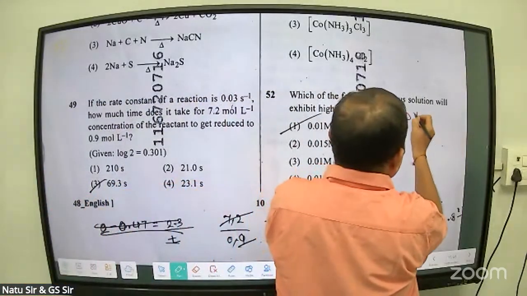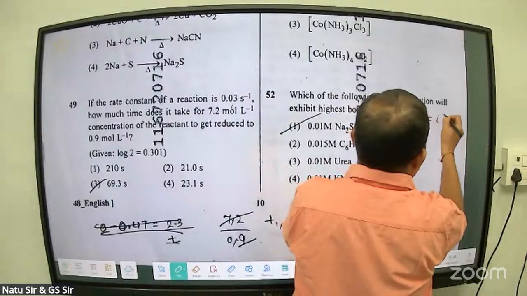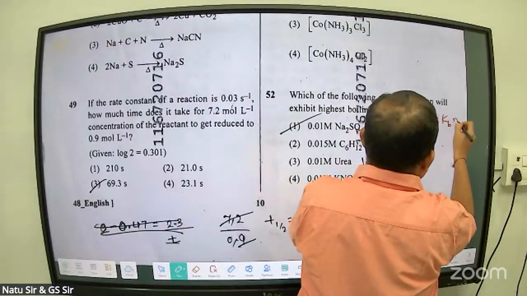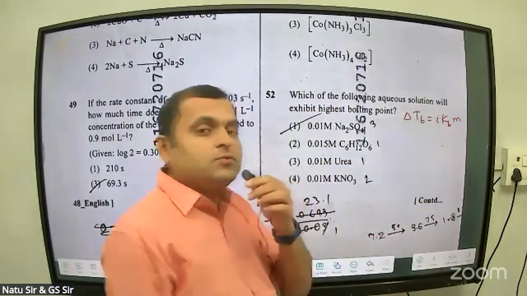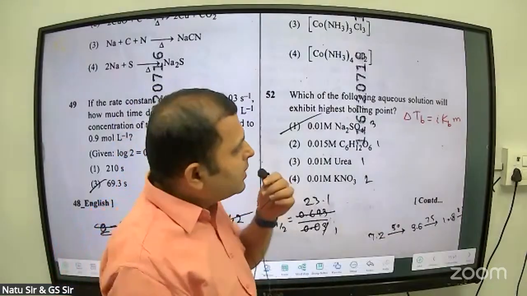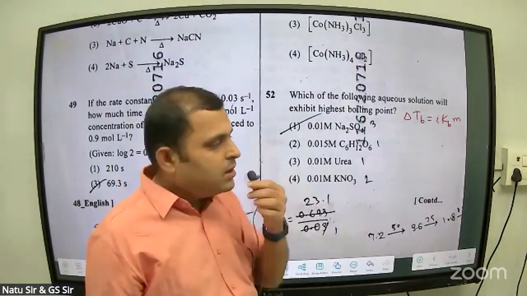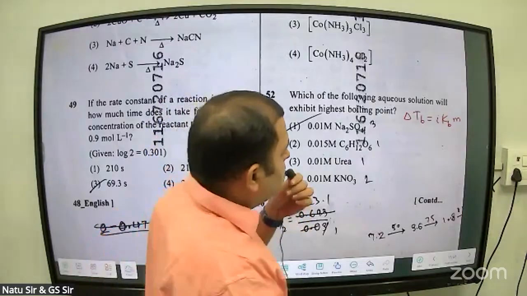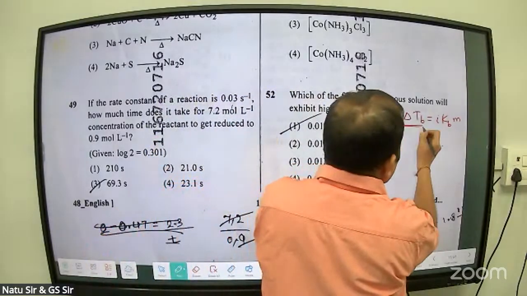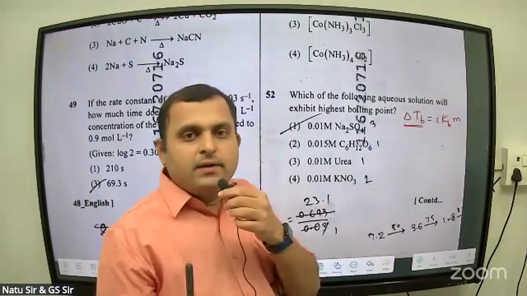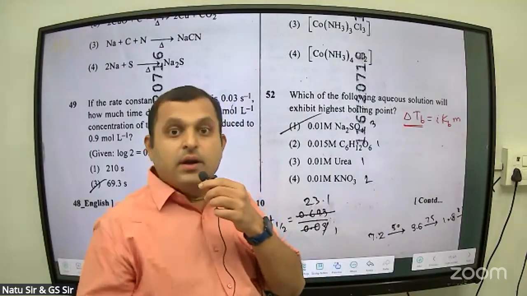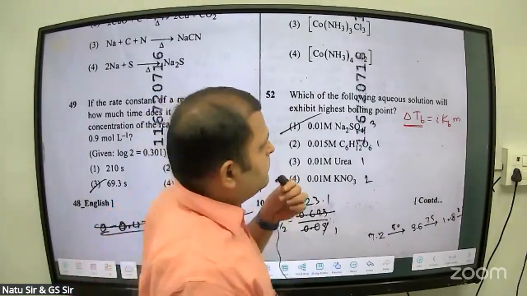ΔTb is equal to i Kb m, where i is the van't Hoff factor, Kb is the ebullioscopic constant, and m is molality. And this is the elevation in boiling point. So greater the elevation in boiling point, greater will be the boiling point also.